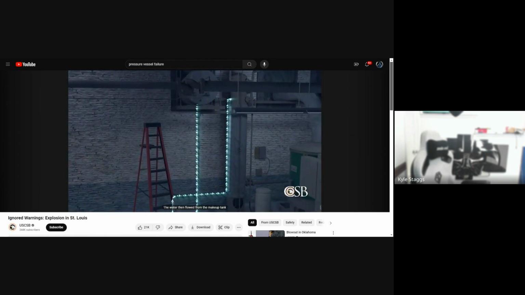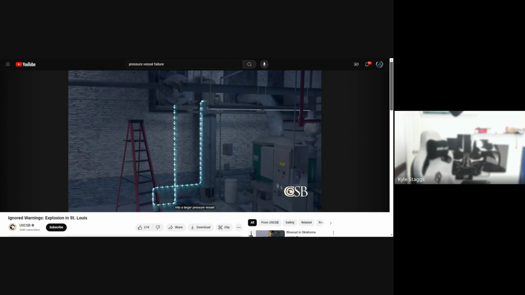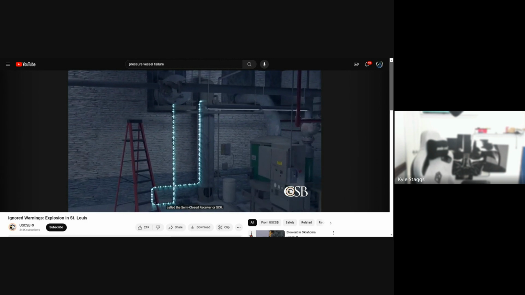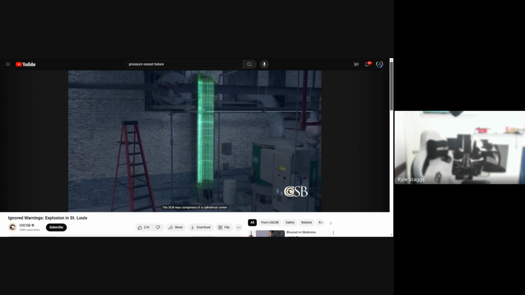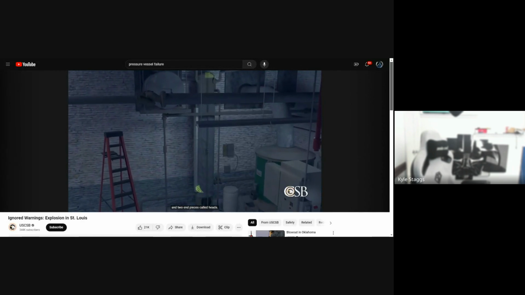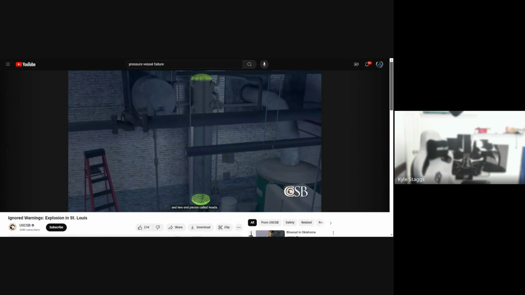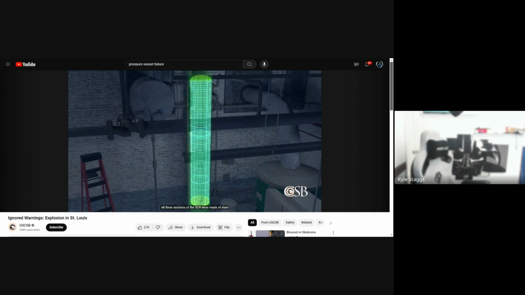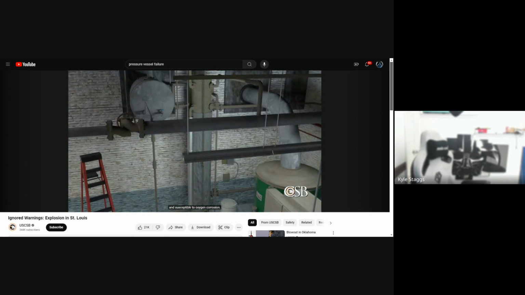The water then flowed from the makeup tank into a larger pressure vessel called the semi-closed receiver, or SCR. The SCR was comprised of a cylindrical center and 2 end pieces called heads. All 3 sections of the SCR were made of steel and susceptible to oxygen corrosion.